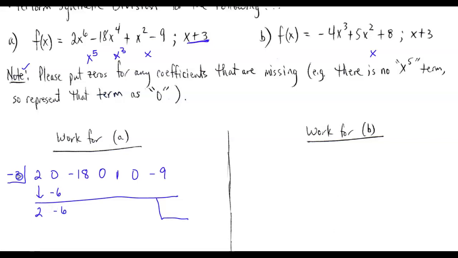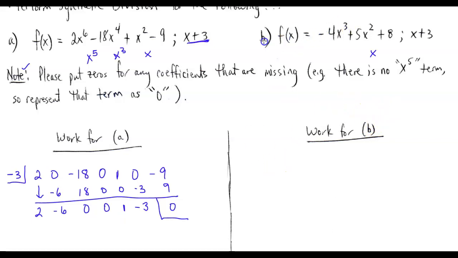Then we'll repeat again, -3 times -6, +18, then we add. -3 times 0 is 0, add. -3 times 0 is 0, 1 plus 0 is 1. -3 times a +1 is a -3, add. And then -3 times -3 is a +9, and we get 0. Okay.